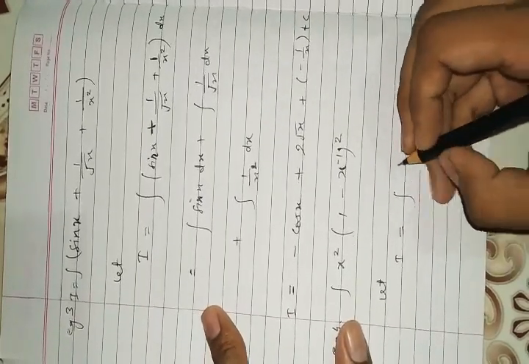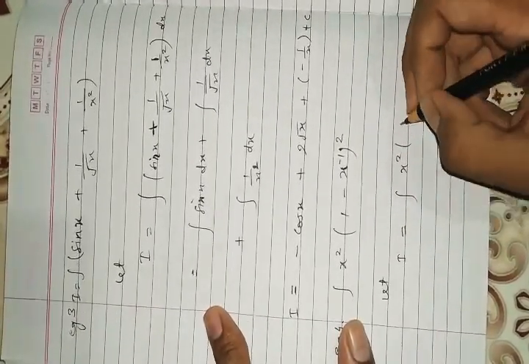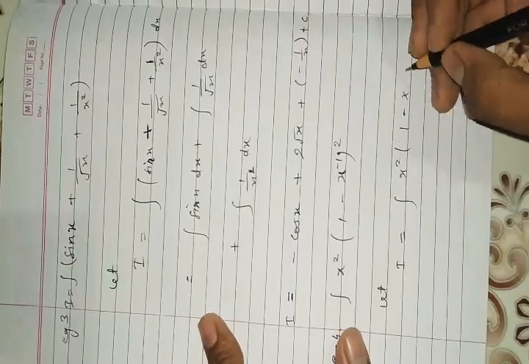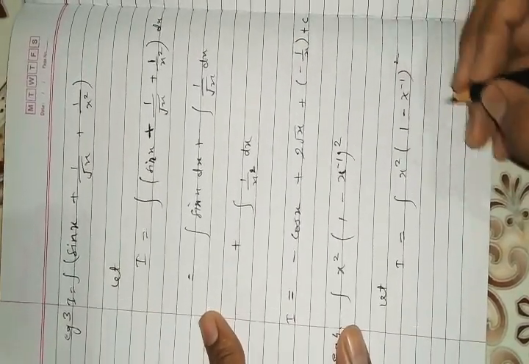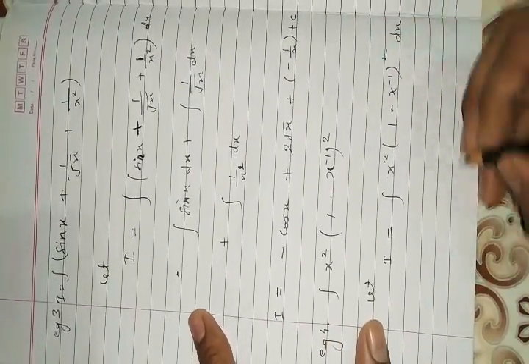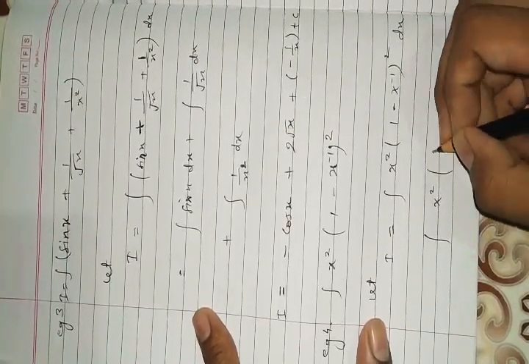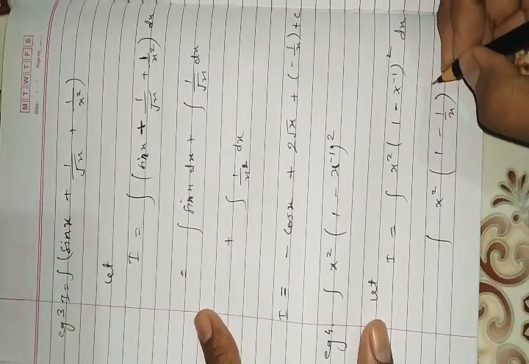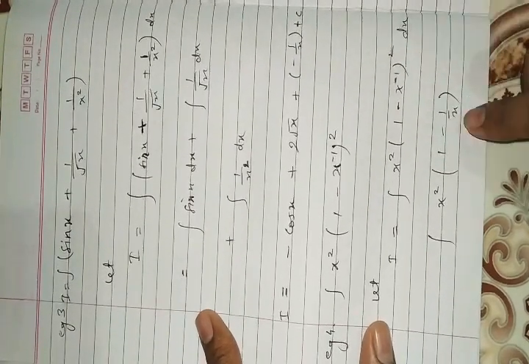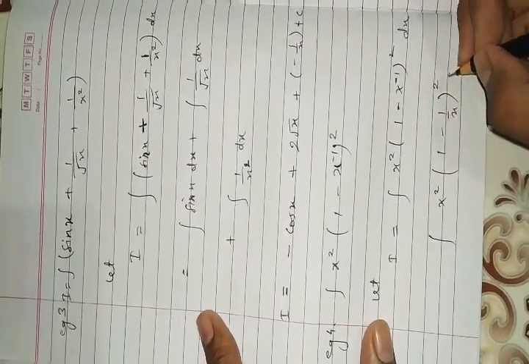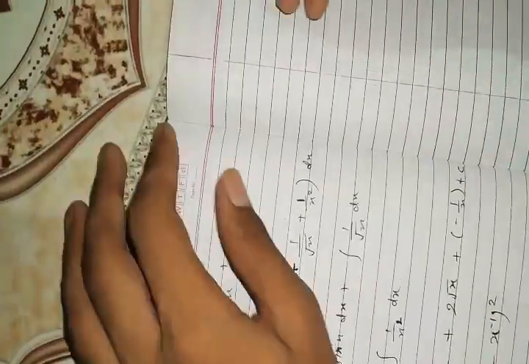So there is a different way to solve this question. I can also write x power minus 1 as 1 by x, it's the same thing.